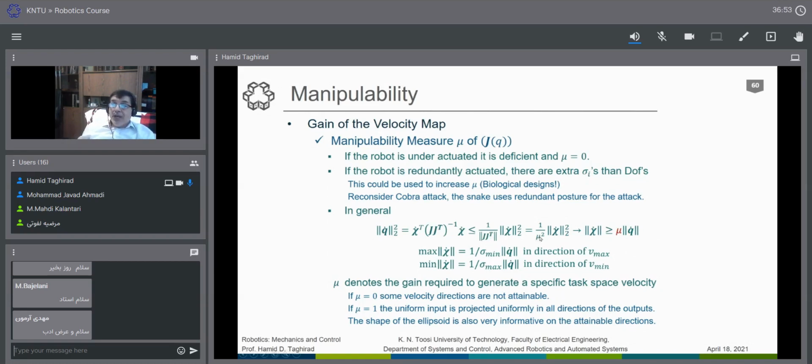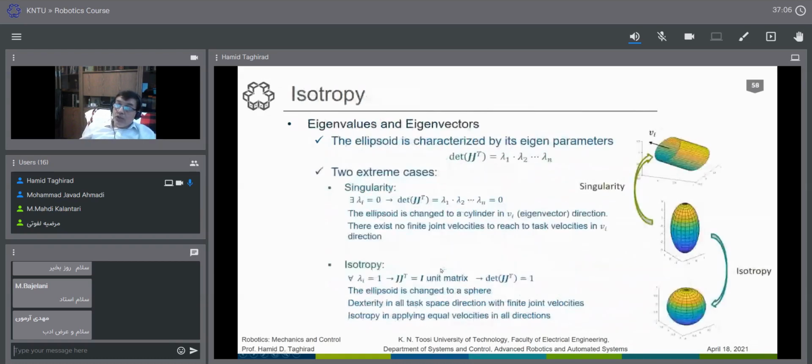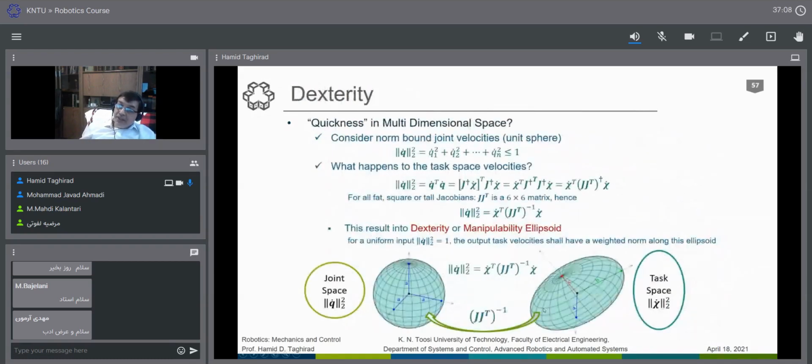This measure mu has some maximum and minimum values, and these give you the maximum and minimum values of x dot. Or as we showed here, we have an ellipsoid with a maximum value and a minimum value.